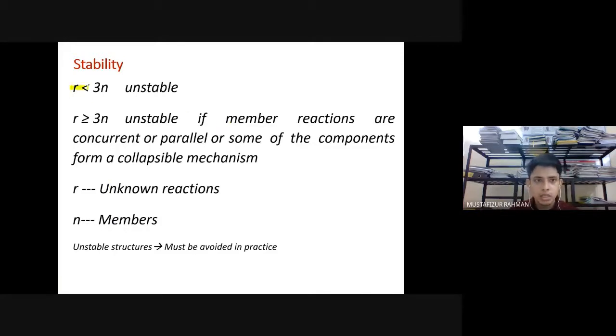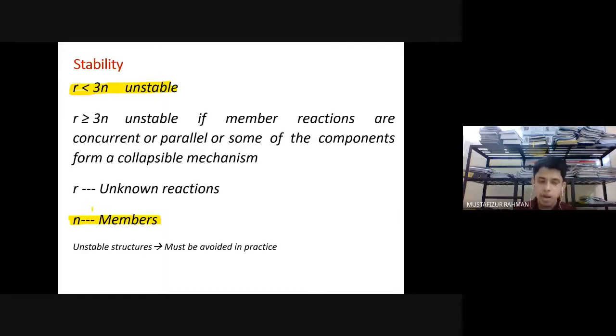This is one condition. If the number of reactions or unknown forces is less than 3n, where n is the number of structural members in the total structure, per member we can write 3 equations of static equilibrium.